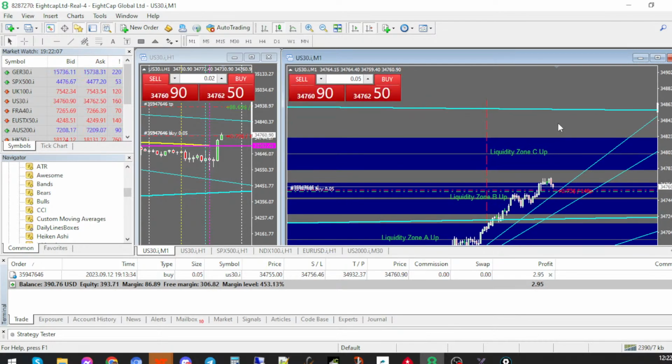All right, so this is getting a little choppy over here. Let's see if we continue to the upside, get to the C zone without getting that stop hit. I did kind of move to break even a little earlier than I would like.